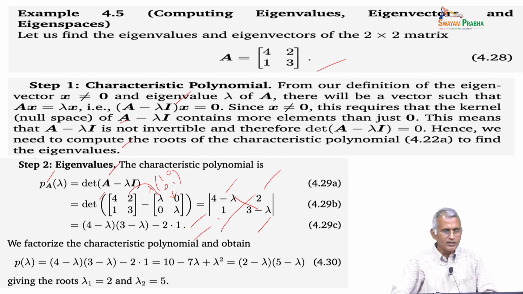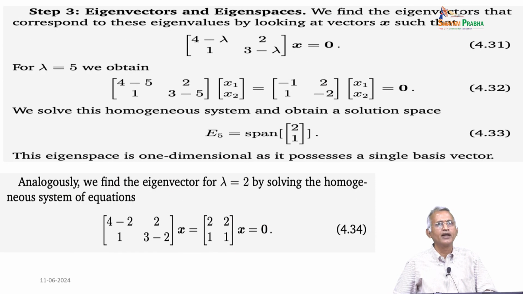Therefore, factorize the characteristic polynomial and obtain p of lambda equal to lambda square minus 7 lambda plus 10. Factorizing, we have (2 minus lambda) into (5 minus lambda). Therefore, we have two roots. One root is lambda 1 equal to 2, another root is lambda 2 equal to 5.